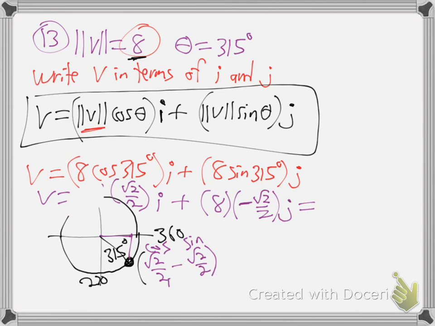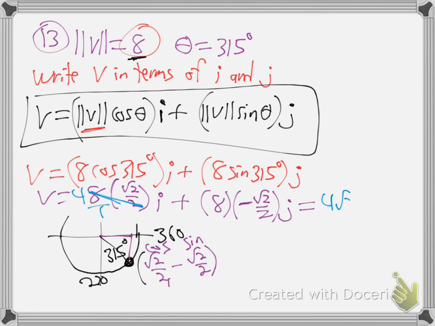Let me get this out of the way a little bit so we can work with it here. So that would be 8. We all good to hear so far? How do you simplify a whole number 8 times a fraction? What do you always do? Over 1, cross cancel. Remember the whole thing? Put this over 1. 2 goes into 8 4 times.